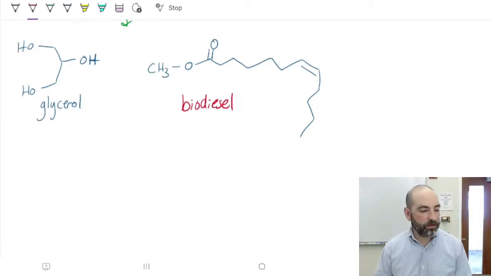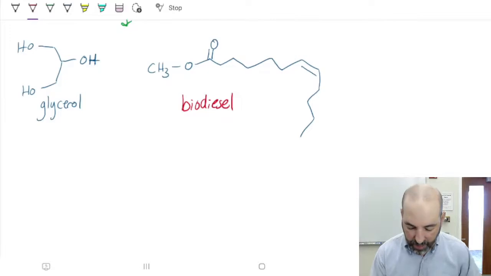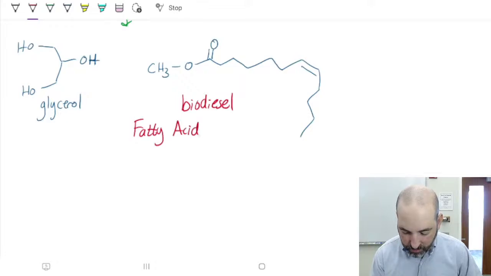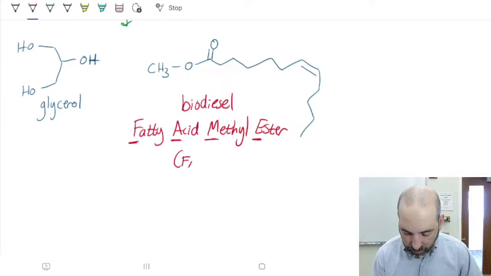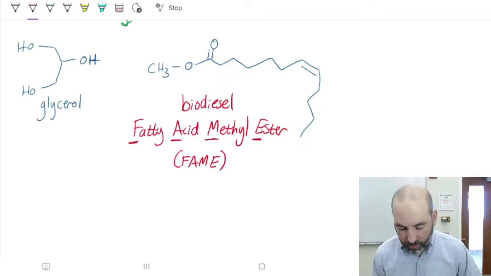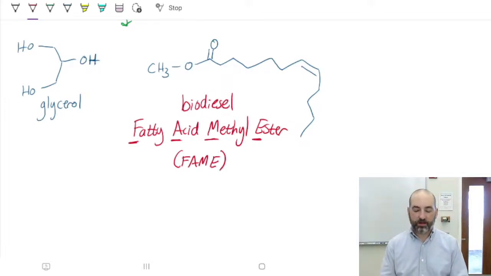And then another name for biodiesel is FAME, which stands for fatty acid methyl ester. So FAME. All right, so that's the product here.